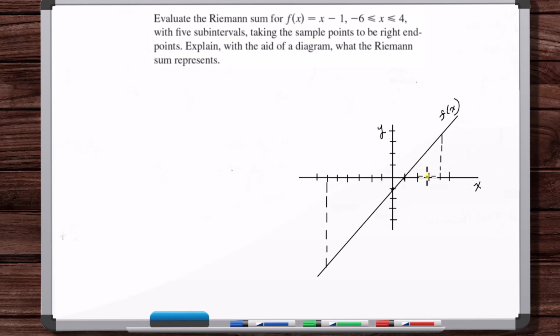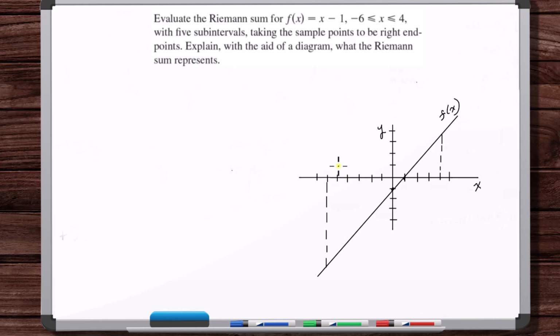It's going to be the area of this triangle minus the area of this triangle, so we expect this integral to be negative. But we're not taking the integral, we're just doing a Riemann sum. Still, a Riemann sum is an approximation of the integral, so we still expect the Riemann sum to be negative.